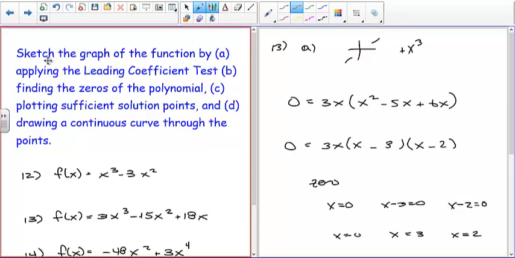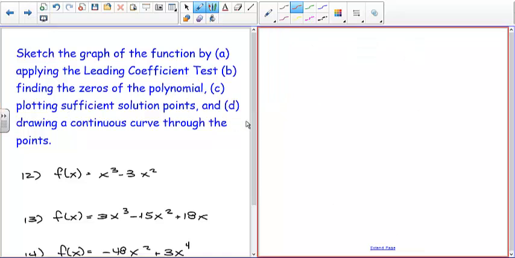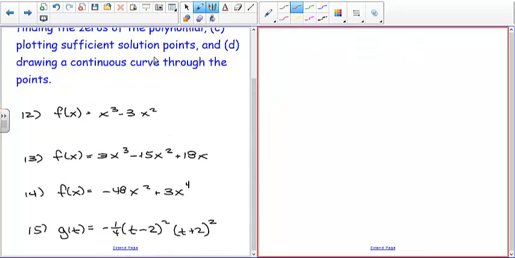Okay, the next one. Again, we can see there's a common factor, which is x squared and 3. So if we take f of x and we factor out 3x squared, so negative 48 divided by 3 is going to be 16, I think, right?